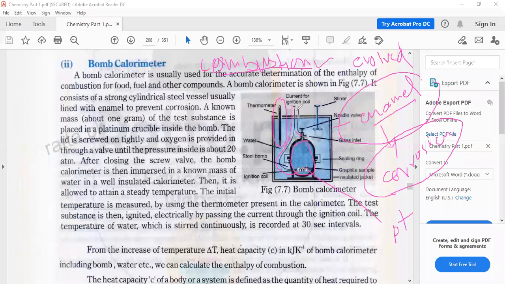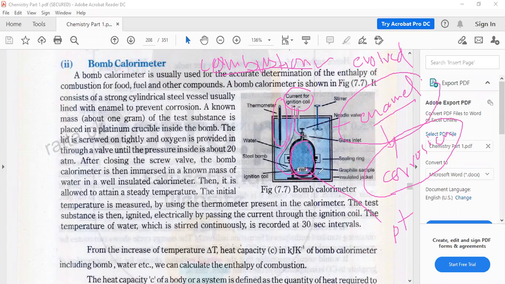There are 2 points, positive and negative, that are connected to the outside current. To provide ignition, we need to ignite the reaction. In a combustion reaction, we just need to start the reaction. When the reaction has started, we need not provide anything more, because the reaction is spontaneous. So for the ignition, we have connected this bomb.